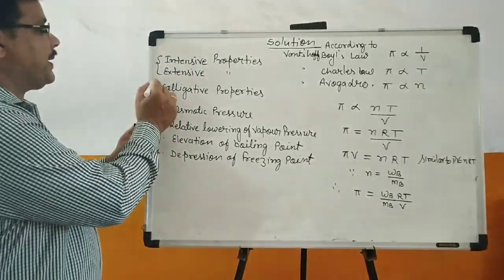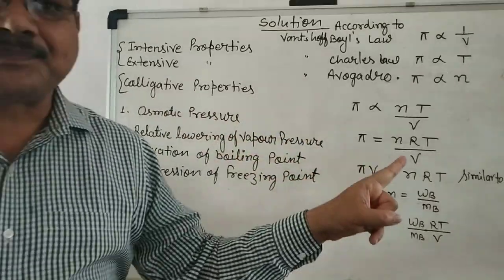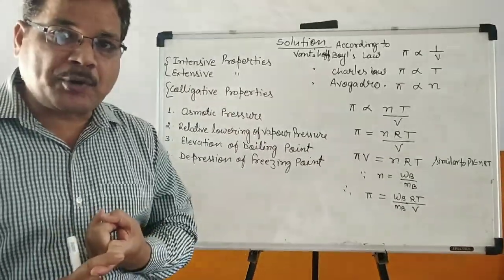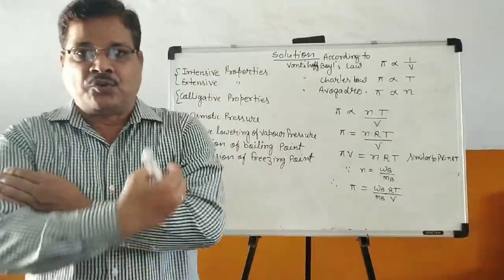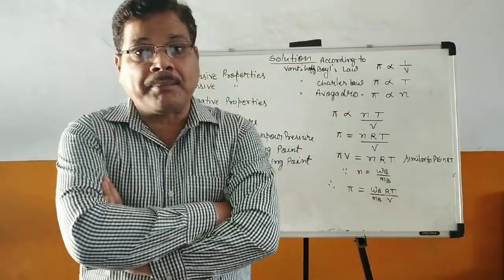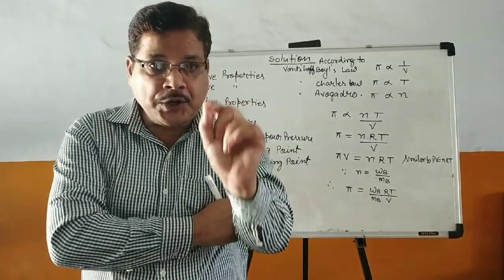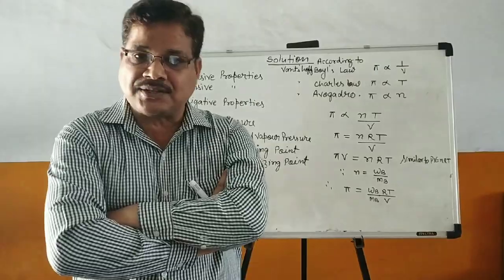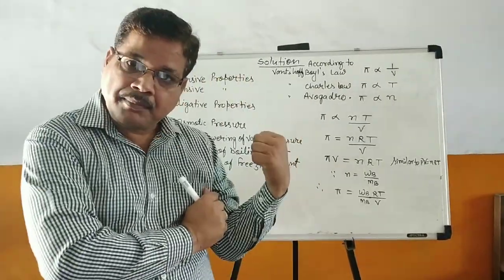Another type of properties of solutions are colligative properties. What is the meaning of colligative properties? Properties of solution which depend upon the number of particles present in it, especially the number of solute particles present in the solution. Such type of properties are called colligative properties.